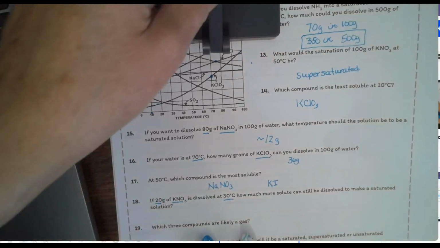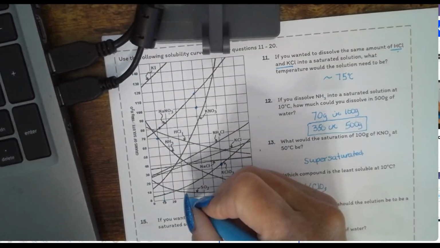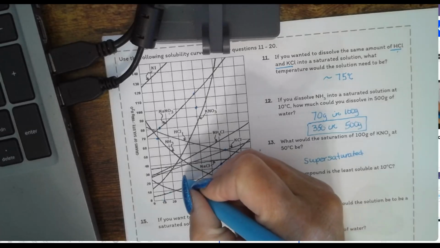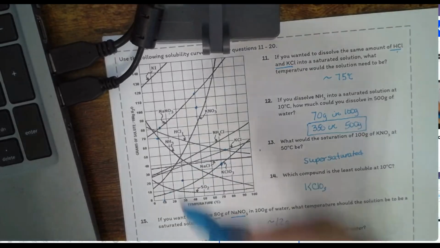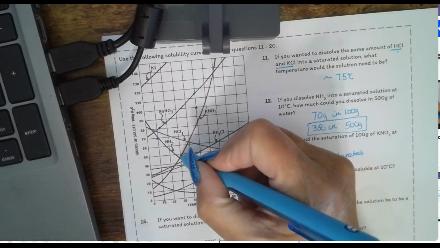Number 18, if 20 grams of potassium nitrate is dissolved at 30 degrees Celsius, how much more solute can still be dissolved to make a saturated solution? Okay, so let's look at that. 20 grams at 30 degrees Celsius, and we're looking at KNO3. So the KNO3 line is here, okay?